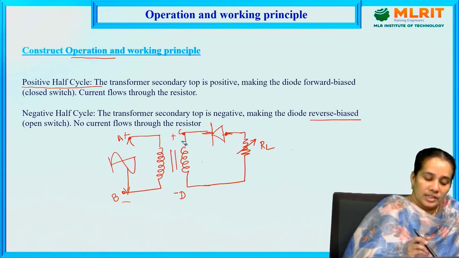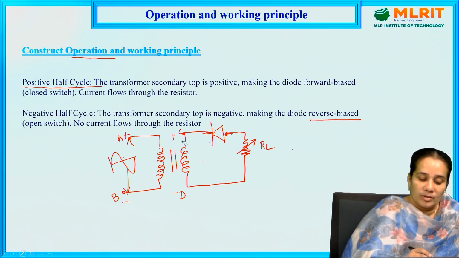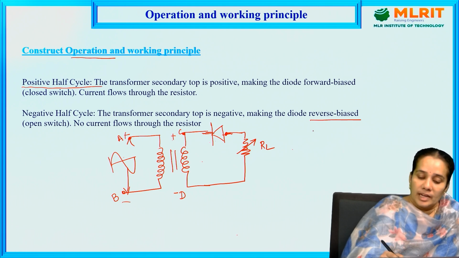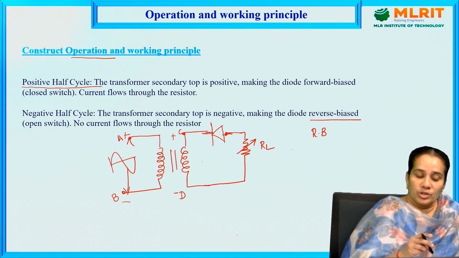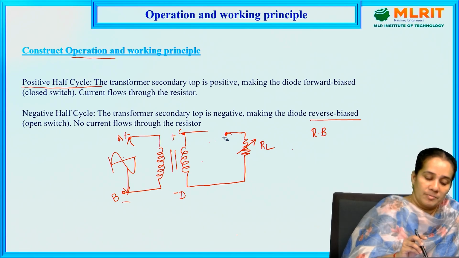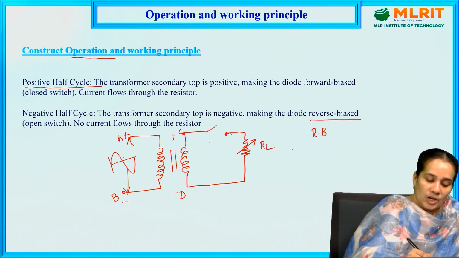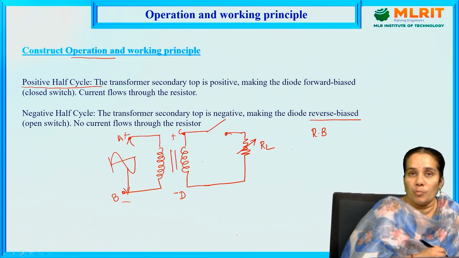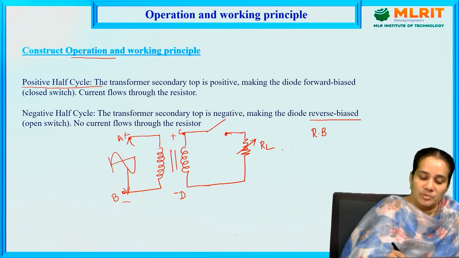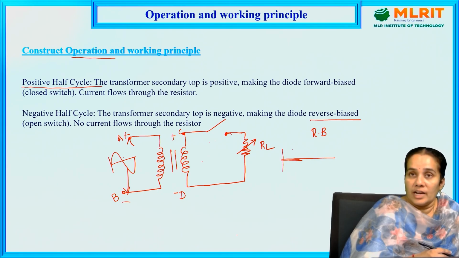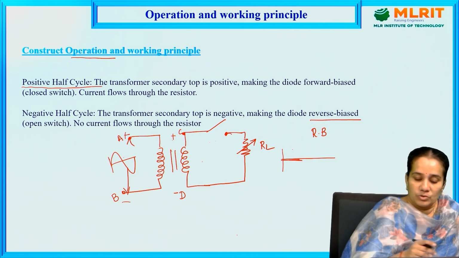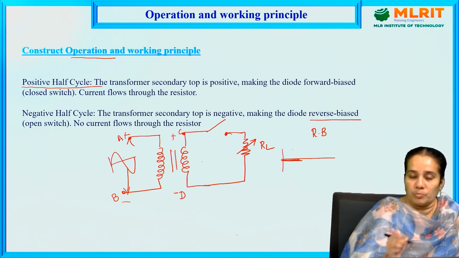When the positive terminal is connected to the cathode terminal, then the diode is operated in which bias? Reverse bias. So during the reverse bias, the diode will be in the off state. So in the off state, the circuit will become an open circuit. So during the positive half cycle, when the circuit is open, the output is equal to 0. So during the positive half cycle, there is no output.